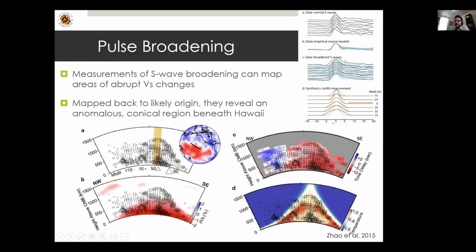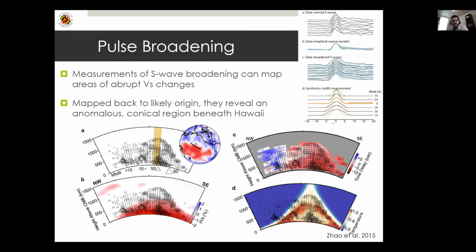And then they could figure out whether the S waves were narrowed or broadened with respect to this reference shape. And they defined a misfit here. So anytime on this figure you see a large triangle, that suggests a very broadened S waveform.